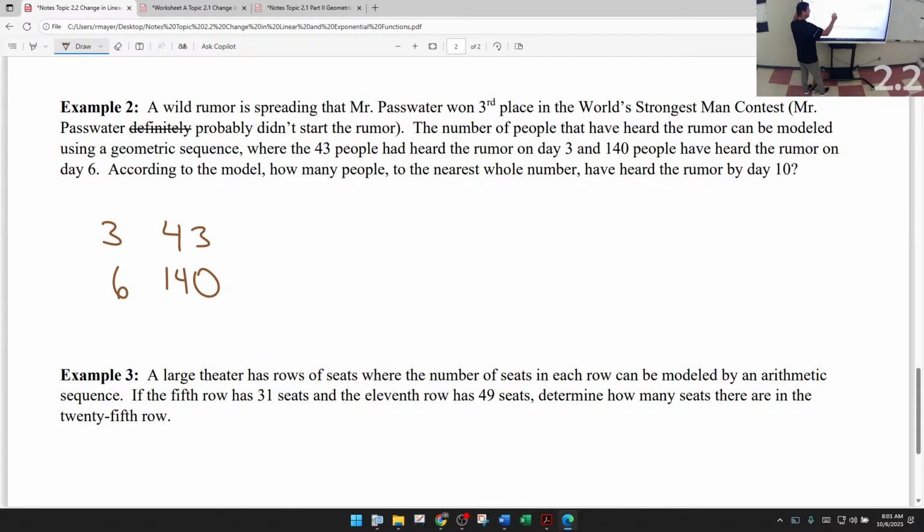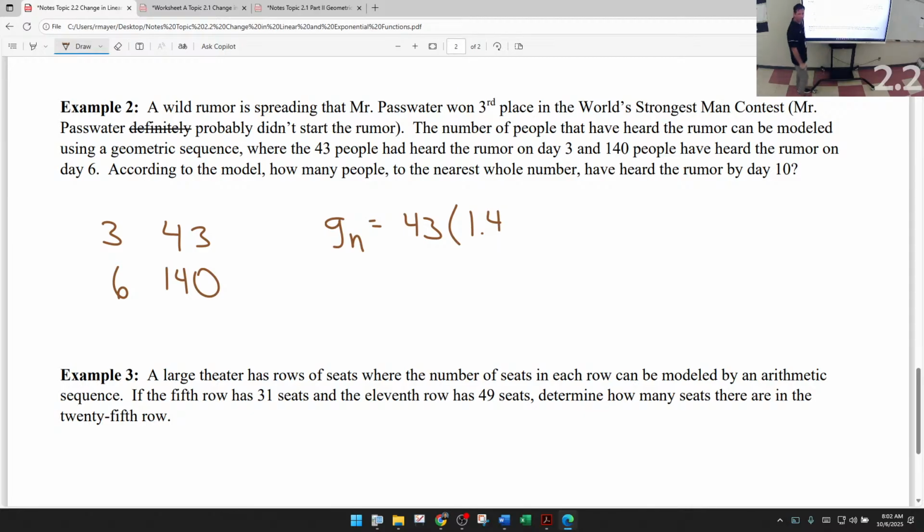So we have G sub n equals, and I can use either one of these. I'll just use the top one. I'll say 43 times R, or what was it, 1 point something? Let's go ahead and put that there. That way we know. 1.482.